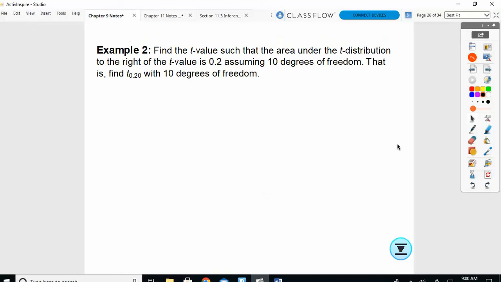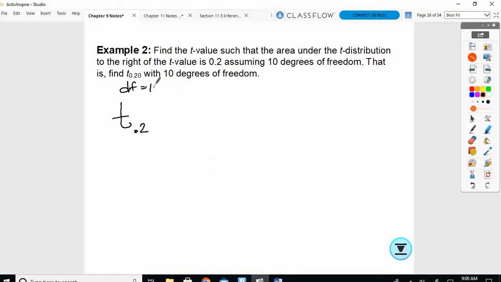So let's look at our problem. Let's practice figuring out how to read numbers off this table. If I want the t value where the area under the t distribution to the right is 0.2, assuming 10 degrees of freedom. When you see this notation-wise, your subscript is area to the right is 0.2.